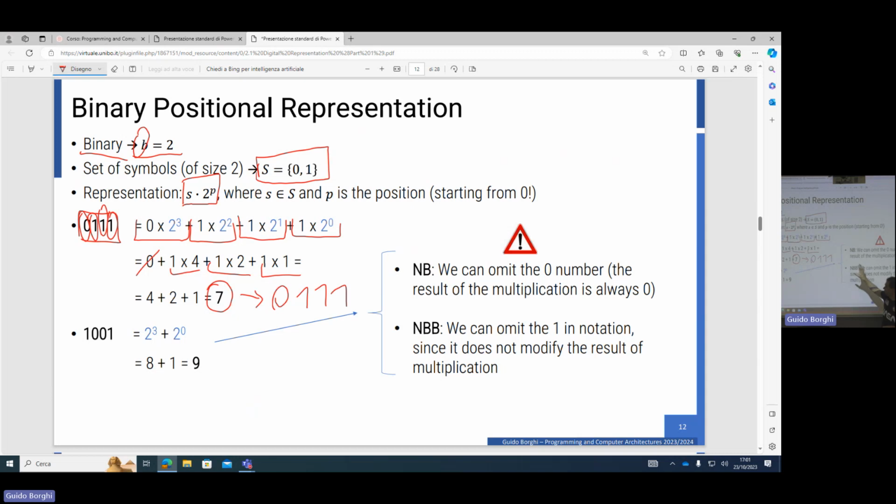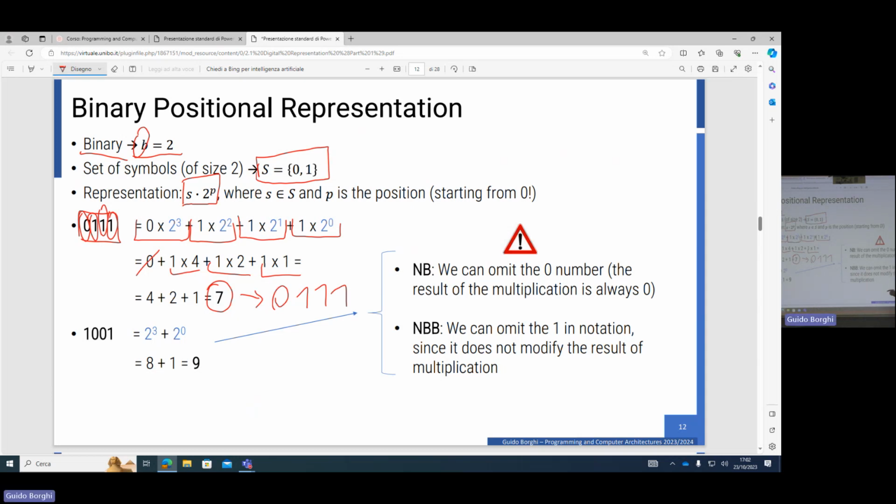We can also simplify all these steps, since we can omit the 0 number, since the result of a multiplication with 0 is always 0. So if we see that there is a 0, we can omit writing 0 times, we can omit all the details.